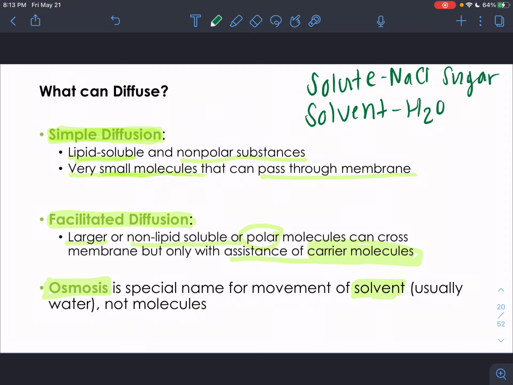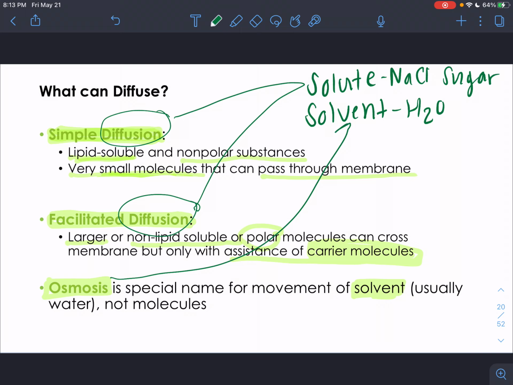When we talk about diffusion, we're talking about the movement of the solute. Osmosis is the movement of the solvent. Both of them are not going to require energy. They're all a type of passive transport.